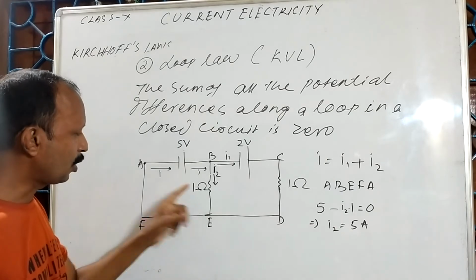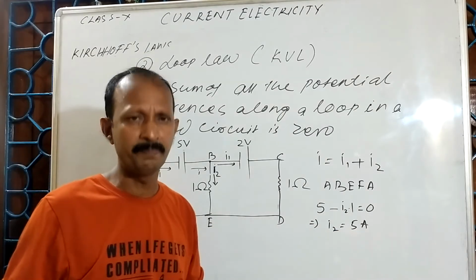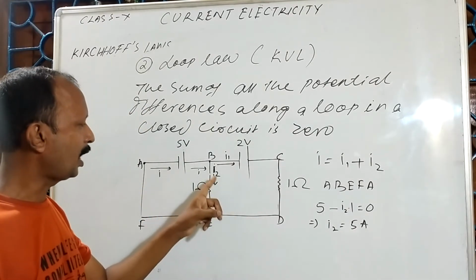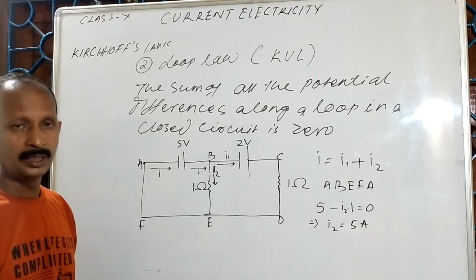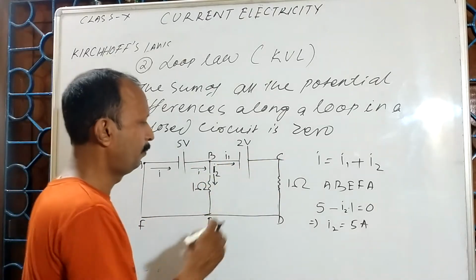So I got the current I2 is equal to 5 ampere. Actually, my aim is to calculate the current I. I shall consider one more loop.